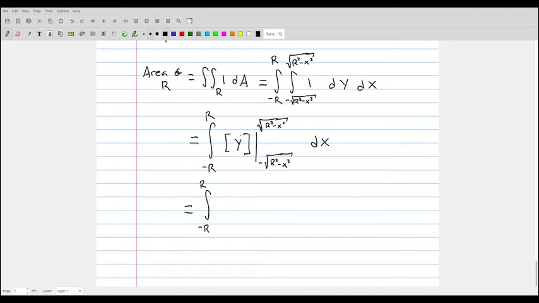So y evaluated at this upper bound is the square root of r squared minus x squared, minus y evaluated at the lower bound, negative square root of r squared minus x squared. So the integral that we have to evaluate is the integral from negative r to r of 2 times the square root of r squared minus x squared.